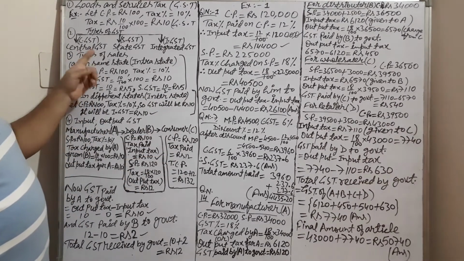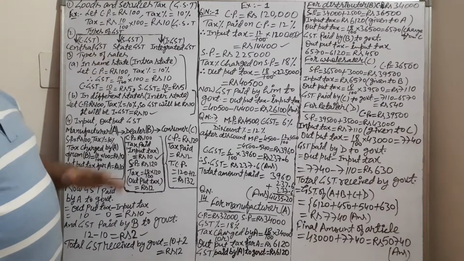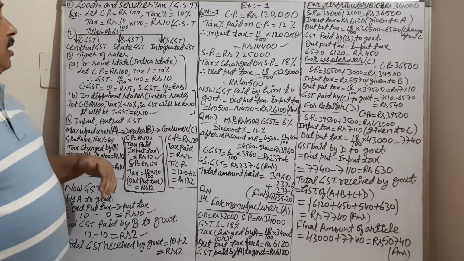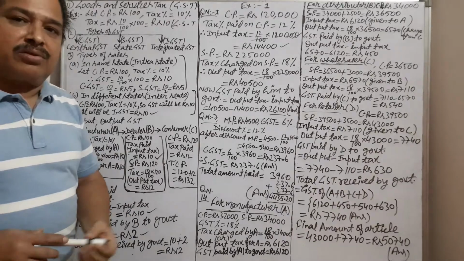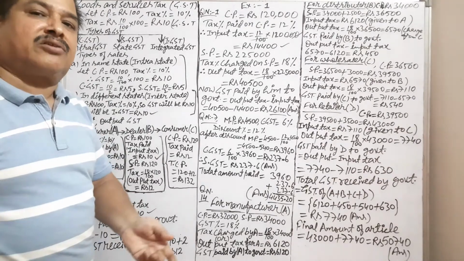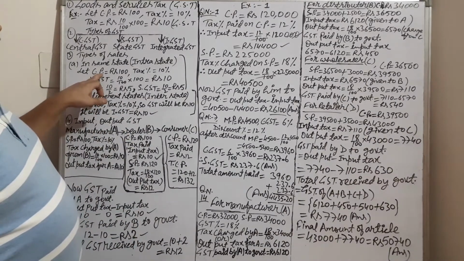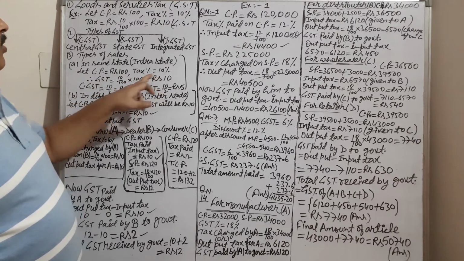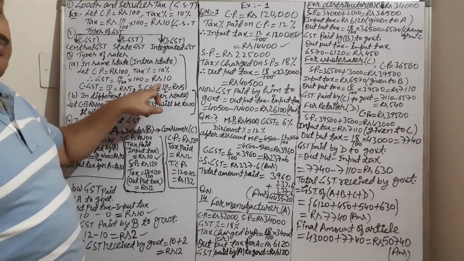See first, after this, types of sales. There are two types of sales. Intrastate sale: if any article is going to be sold within the same state, that is called an intrastate sale. See the example. Cost price is 100 rupees. Suppose the tax on this article is 10%. Calculate 10% of 100, 10 rupees will come.